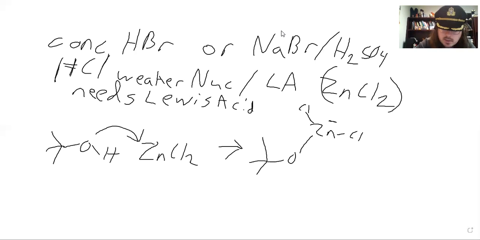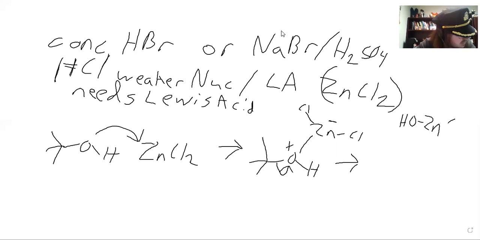And we see the loss of this group, so we have a hydroxy zinc chloride. And then you can see the Cl minus attacking there.